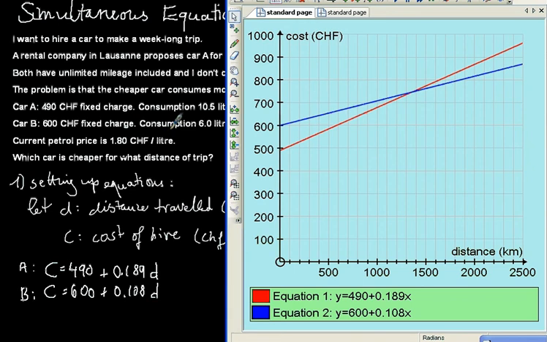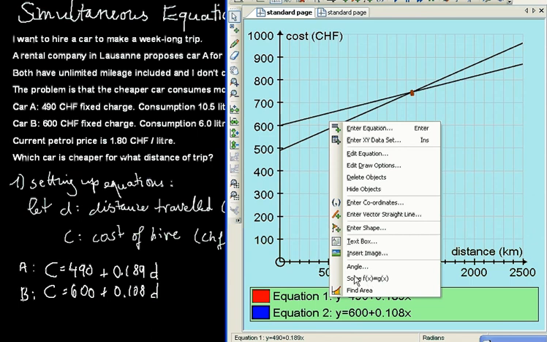So I can see here that my two lines intersect at this point, which corresponds to the solution to this system of equations here. And if I read down here, it's more or less 1,400 kilometers. Okay, so I can actually ask the software to tell me exactly what the two answers are by choosing this option here.